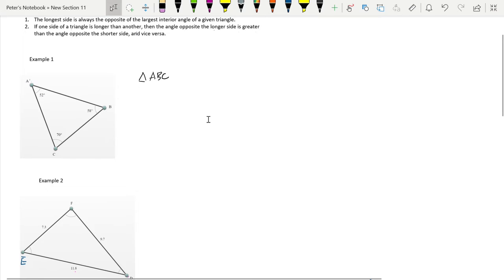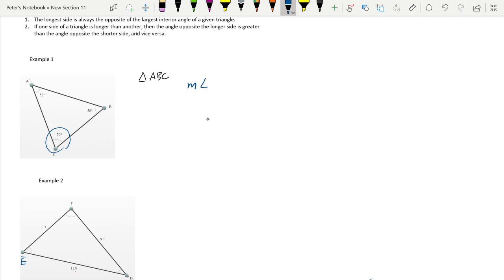So how do you know? Let me try to color code here. First of all, I want to see which angle has the largest measure. And you see, 70 degrees, right? So it looks like that is the largest one.